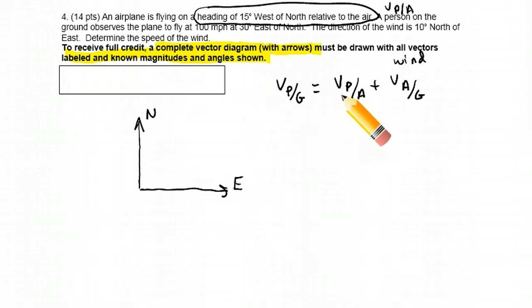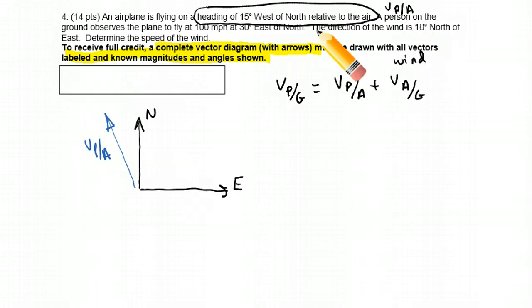I'm not quite sure how these are going to get combined yet, just working from scratch here. So I'm going to draw 15 degrees west of north as a vector, and label it velocity of plane with respect to air.